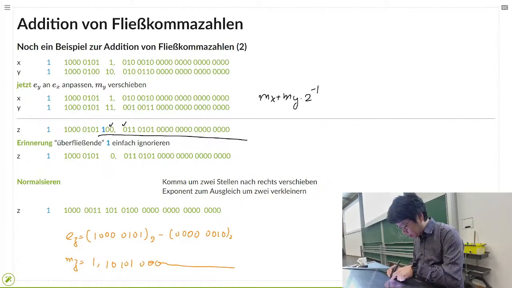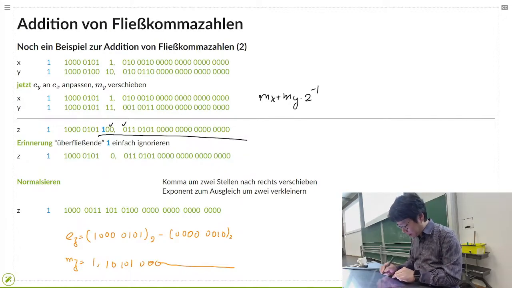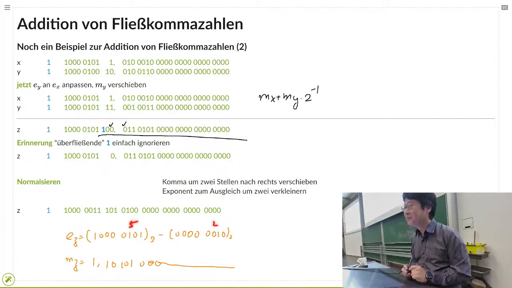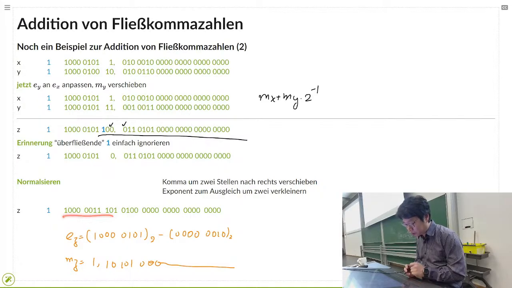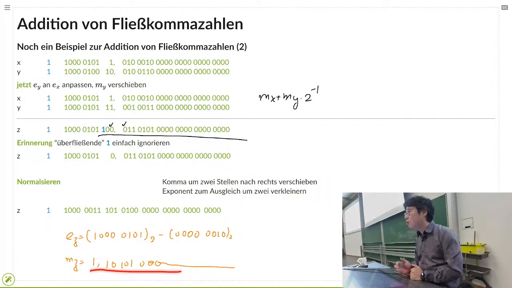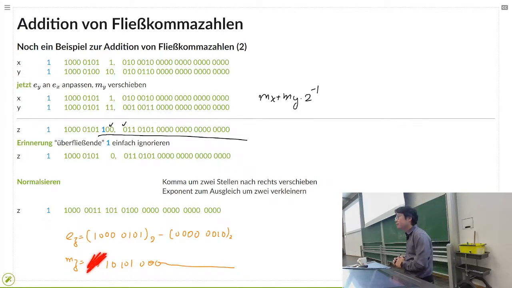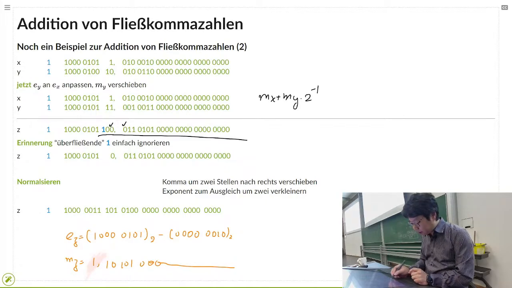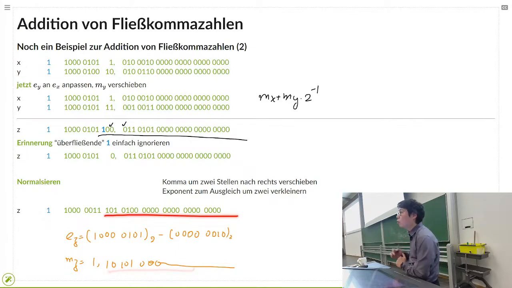So this is 5 minus 2, so okay, good. 5 minus 2 is 3. So this exponent is 1, 0, 0, 0, 0, 0, 1, 1, 0, 0, 1, 1. The mantissa is 1, 1, 0, 1, 0, 1, but we must ignore this 1. Then we just write these here.